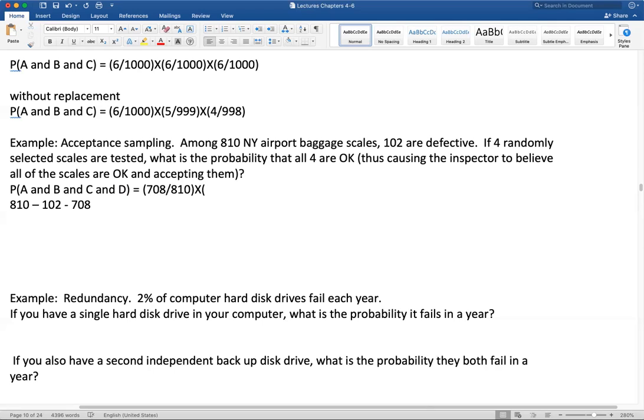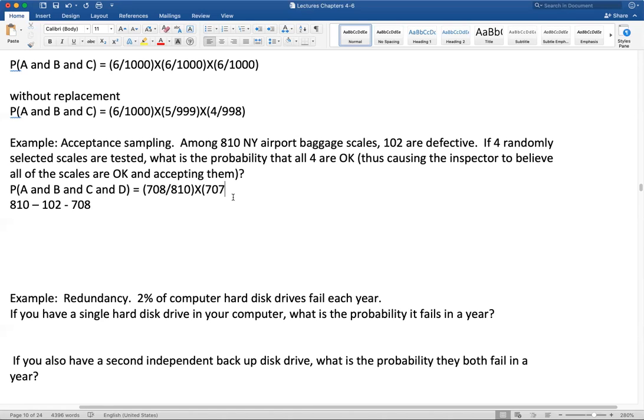the second trial, the probability that the second selected baggage scale is okay. That's going to be 707, because event A already occurred. It means that we already selected one baggage scale which is okay in the first trial.